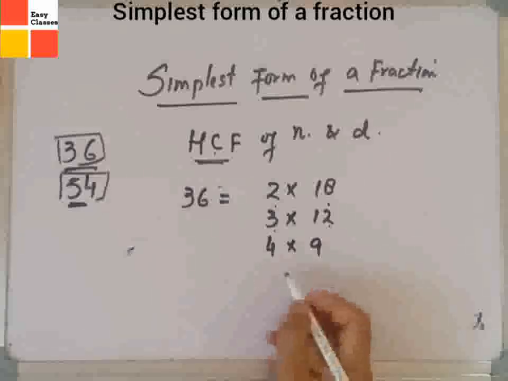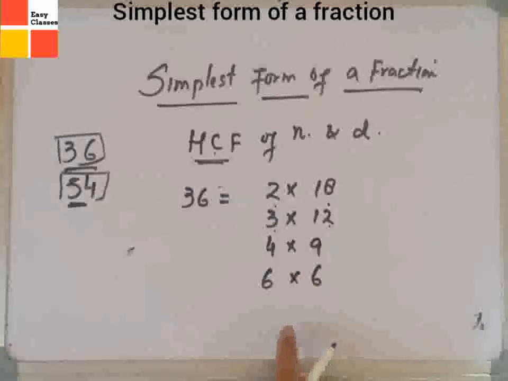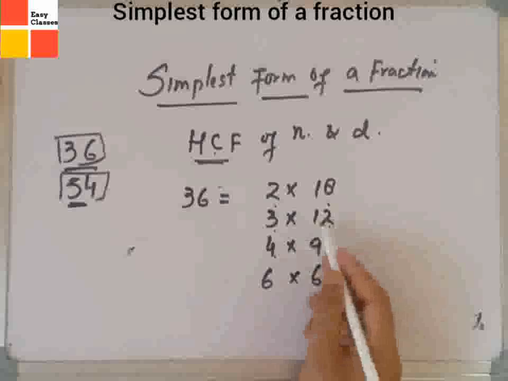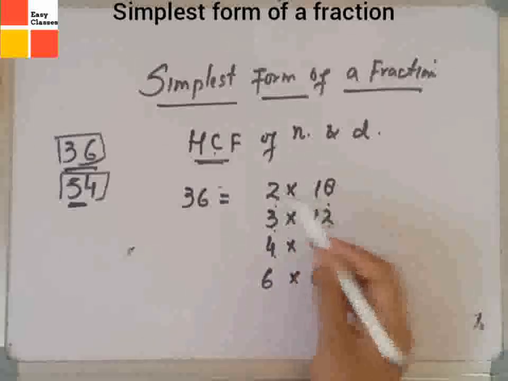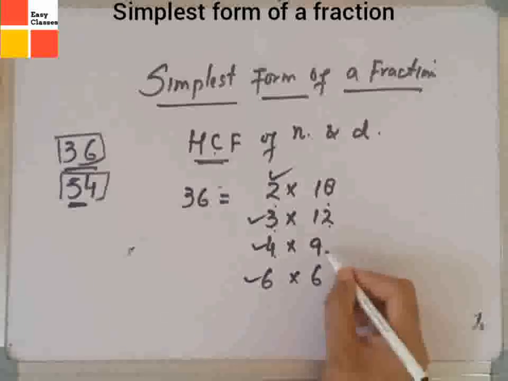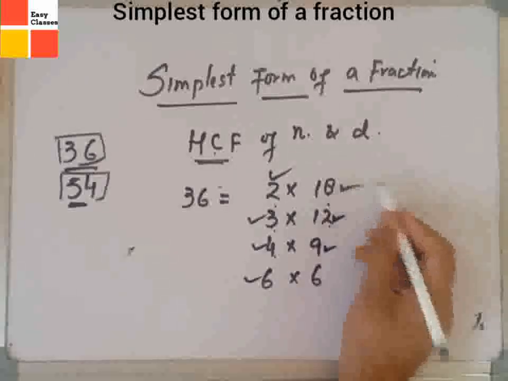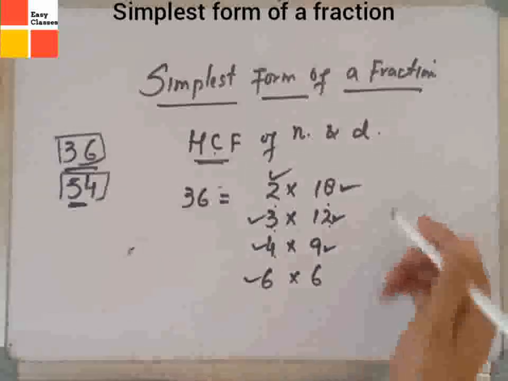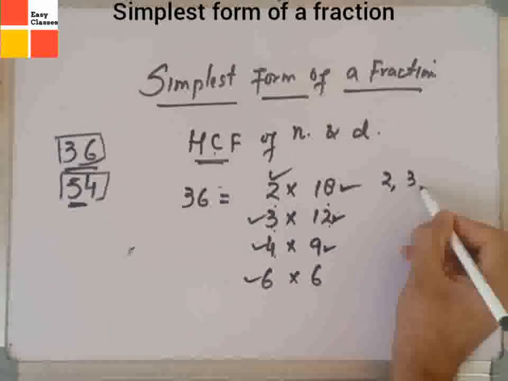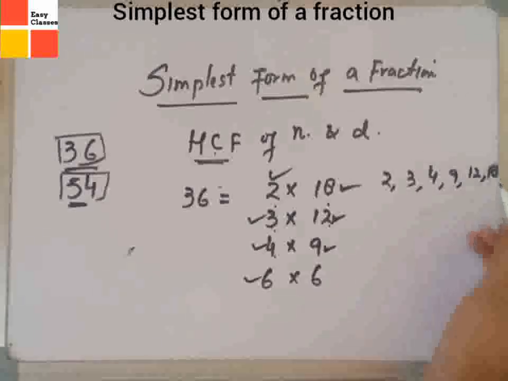Then 6 into 6. Then 9 into 4, then 12 into 3, then 18. So the factors are 2, 3, 4, 6, 9, 12 and 18.